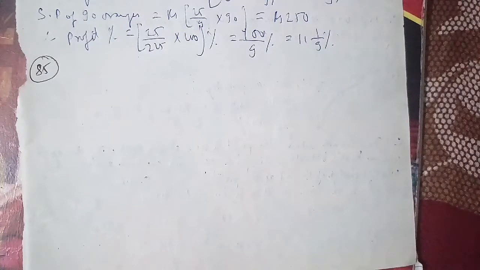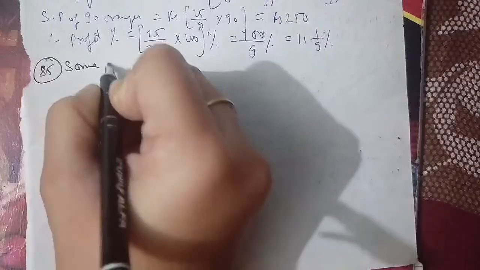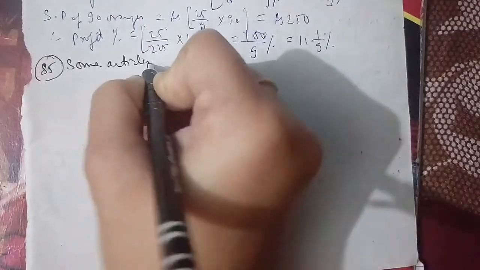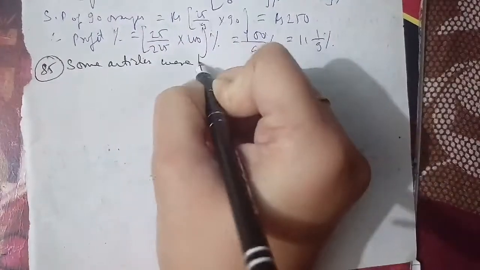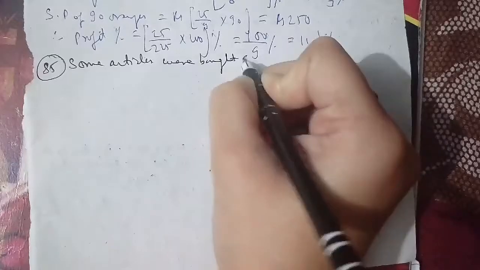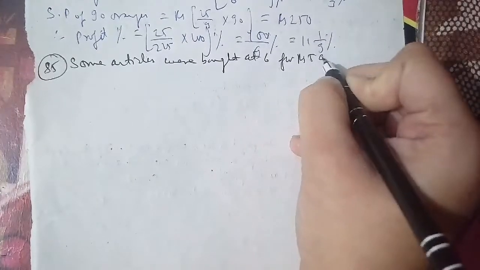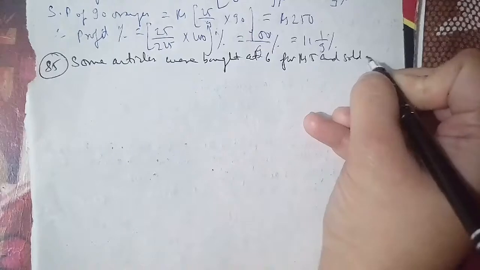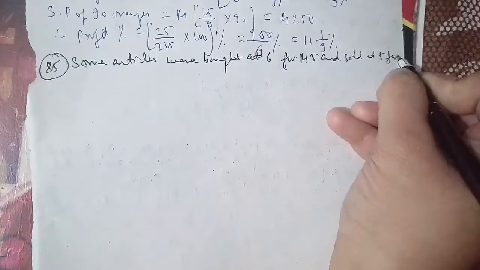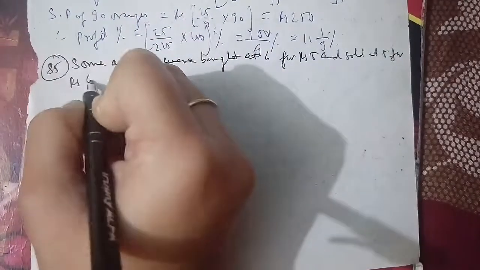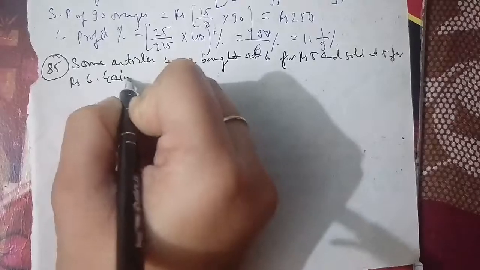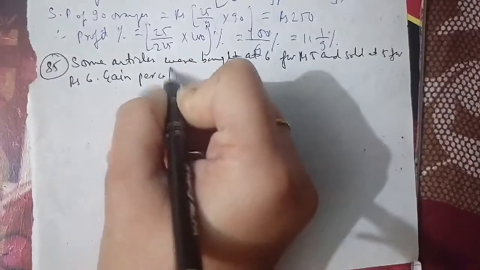So some articles were bought at 6 for ₹5 and sold at 5 for ₹6. Gain percent is, so we'll find it out for the same here.